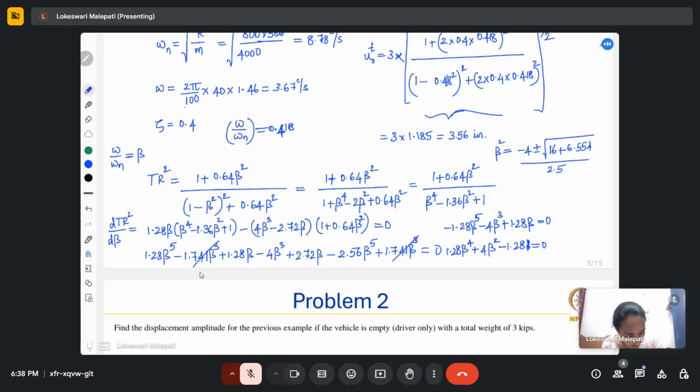By 2.56. So what is the value of beta square? So it must be a positive value.